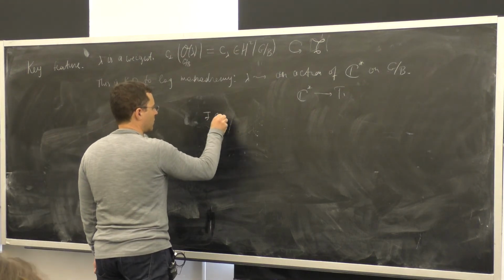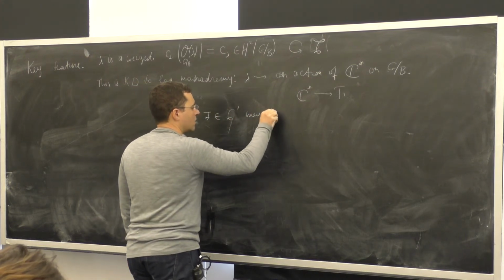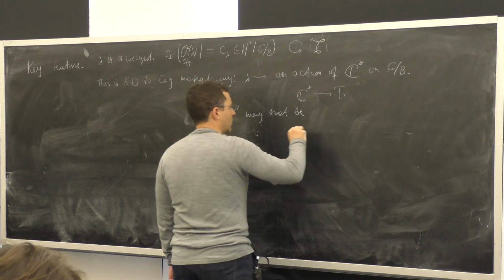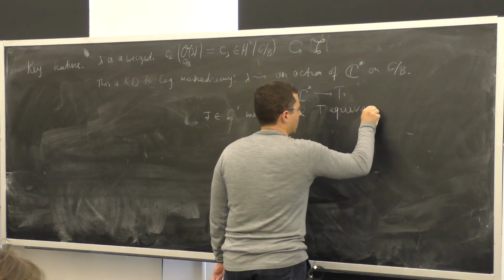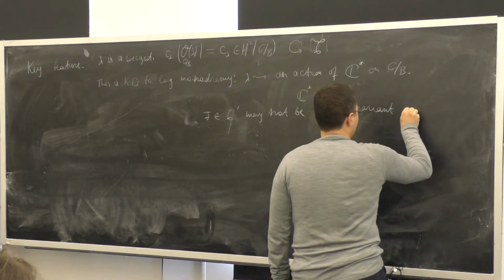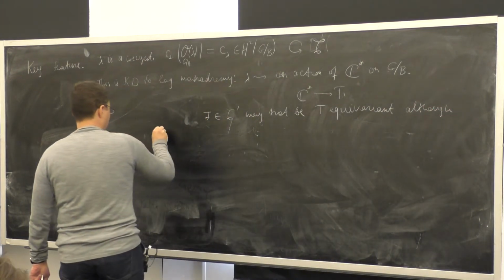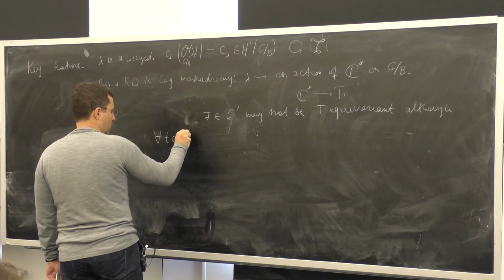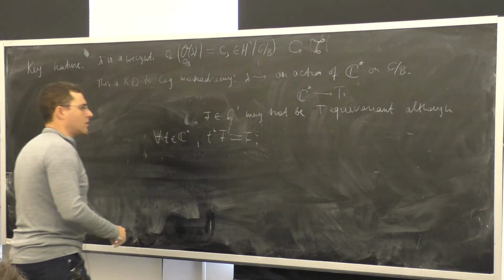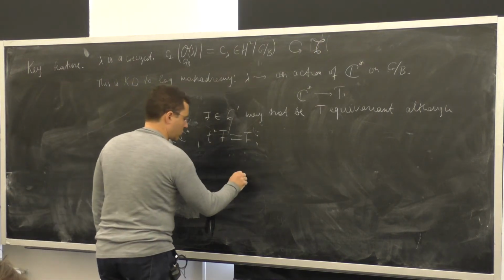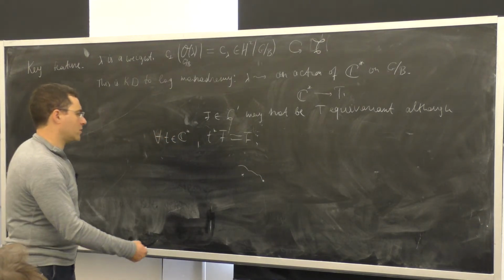So F in C prime may not be T equivariant, although one can check that for every T in C star, T apostrophe F is isomorphic to F. And then if we have a choice of this isomorphism for some T, and then we move it slightly, there is a new unique way to extend it.